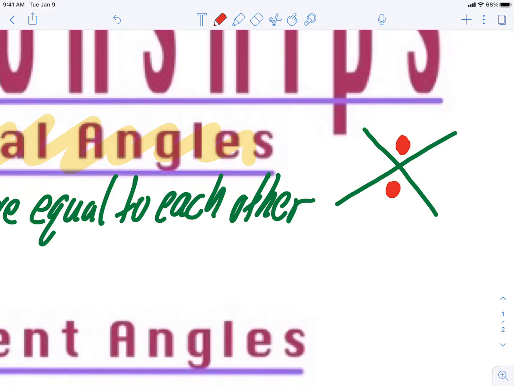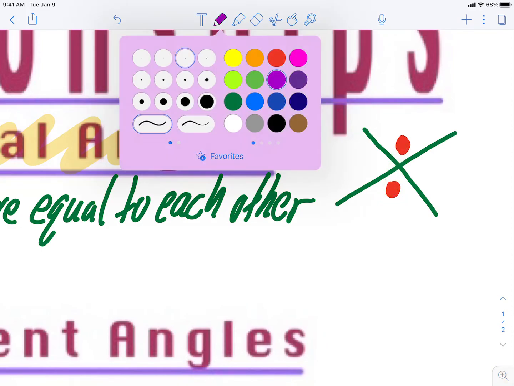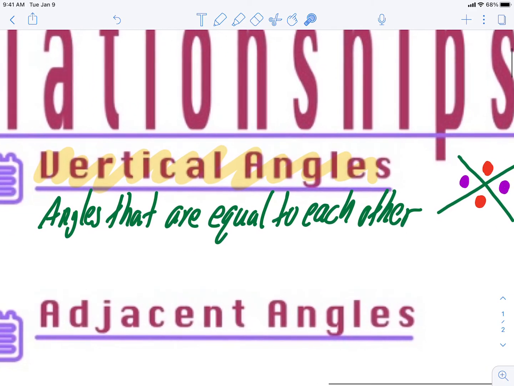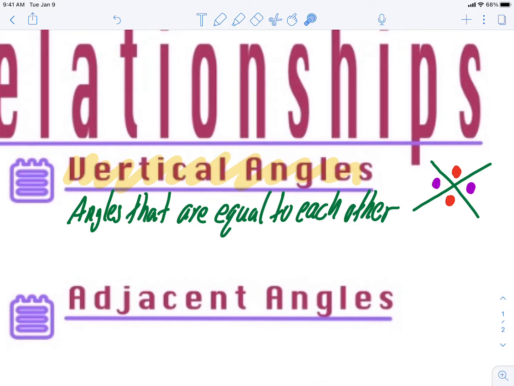So they are equal to each other because they are across from each other across this X. This angle is equal to that angle right there, and they are, again, across from each other. Those are called vertical angles, angles that are equal to each other.